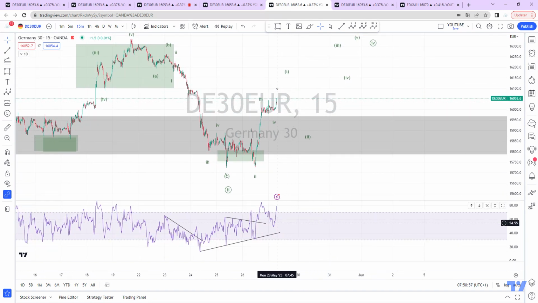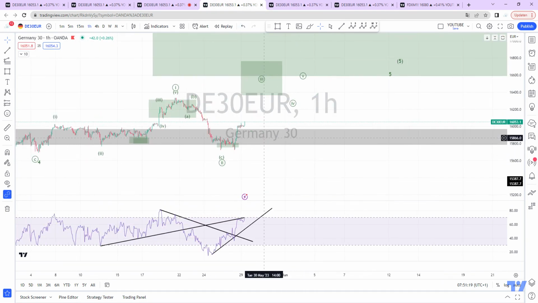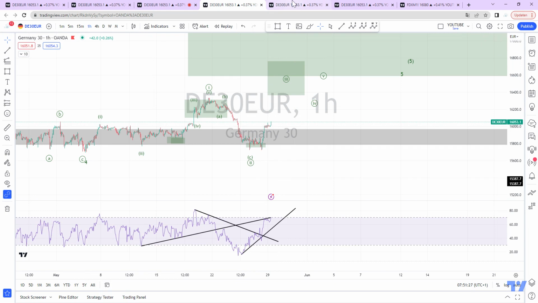For now, on the 15 minutes, we start to see a bit of divergence here, but this is for the moment way too little, like one big push, and we just erase the divergence here. And also, I prefer to see divergence on the 1 hour, and on the 1 hour, you don't see divergence at all.